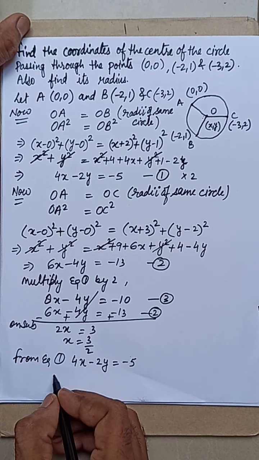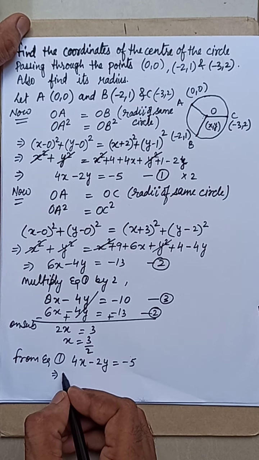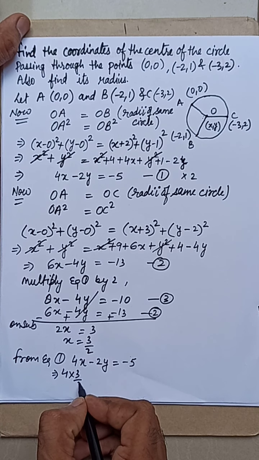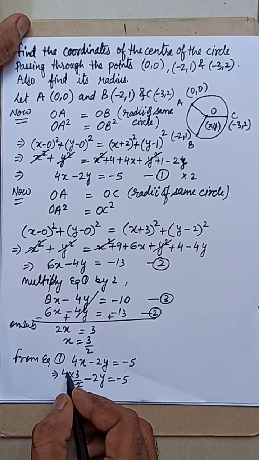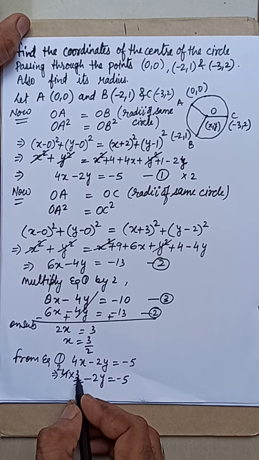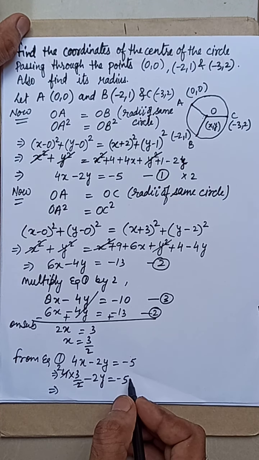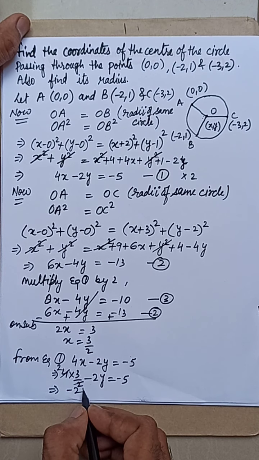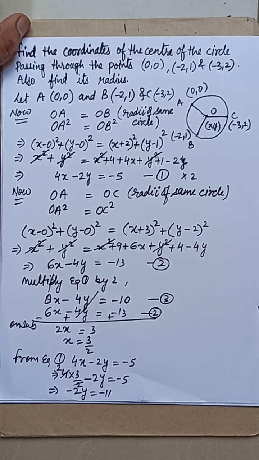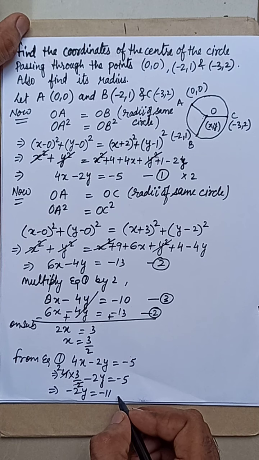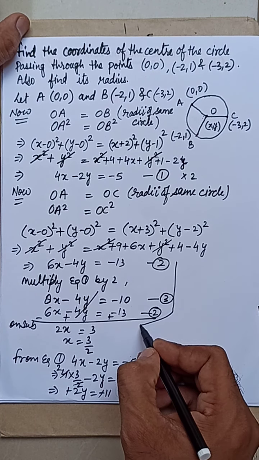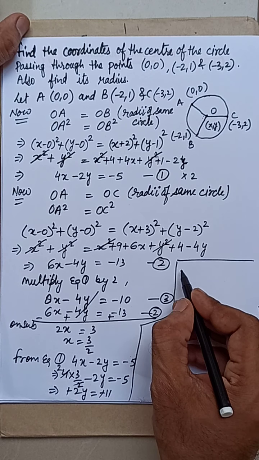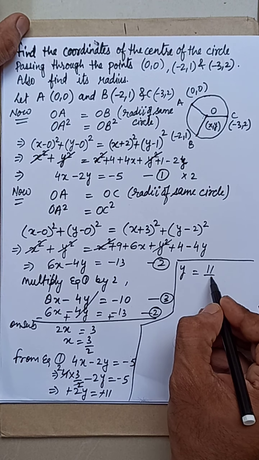So 4 into 3 upon 2 minus 2y is equal to minus 5. 2 twos are 4, 2 3s are 6, 6 can be transposed over there, so minus 2y is equal to minus 11, and then minus and minus cancel out. We get the value of y, which is 11 upon 2.